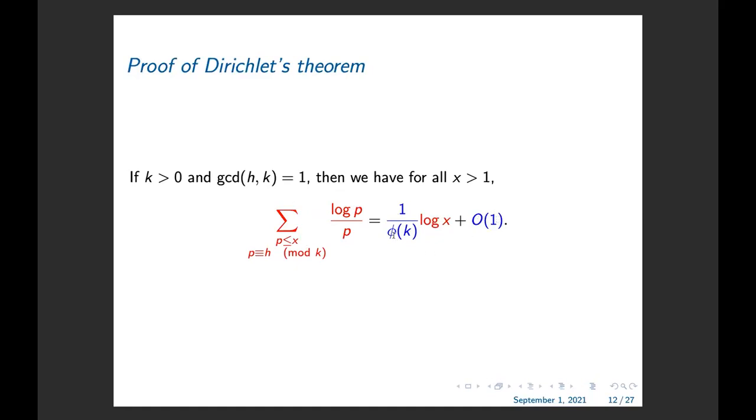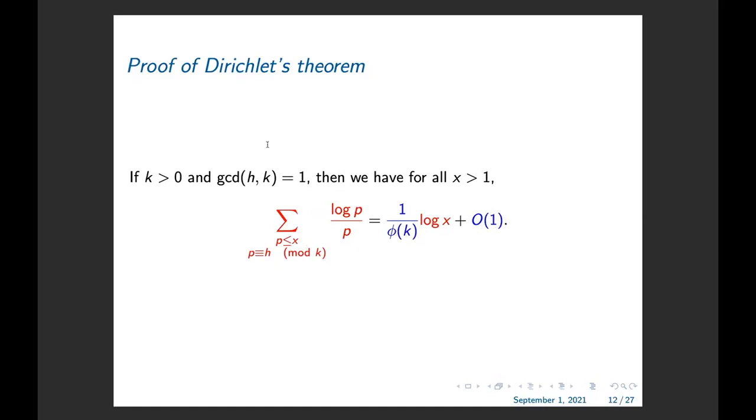We will discuss what these objects are later. But for the time being, we say that phi of k and big O of 1 are some bounded functions.